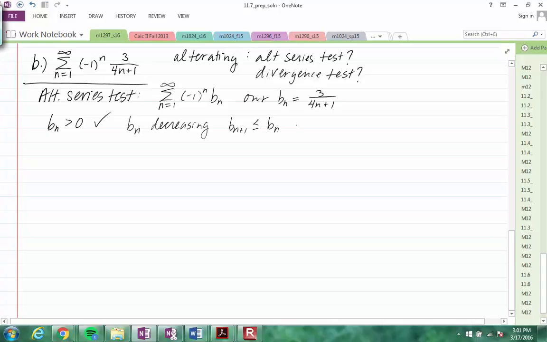But on a quiz or a test, as long as you're making some argument or showing something for a particular n that it is getting smaller each time, that's probably going to be good enough. I'm sorry I'm being wishy-washy here, but it really depends on the context.